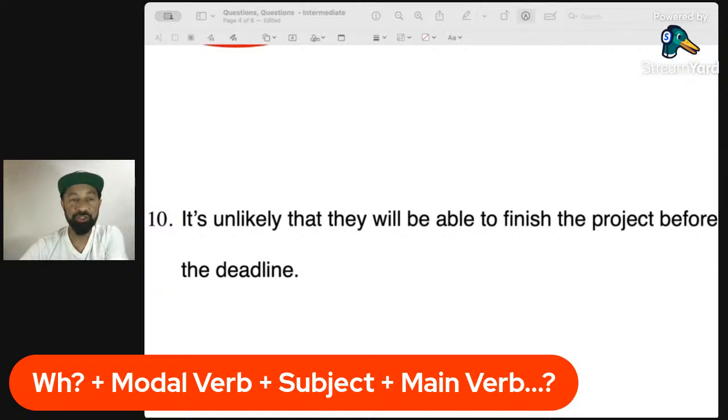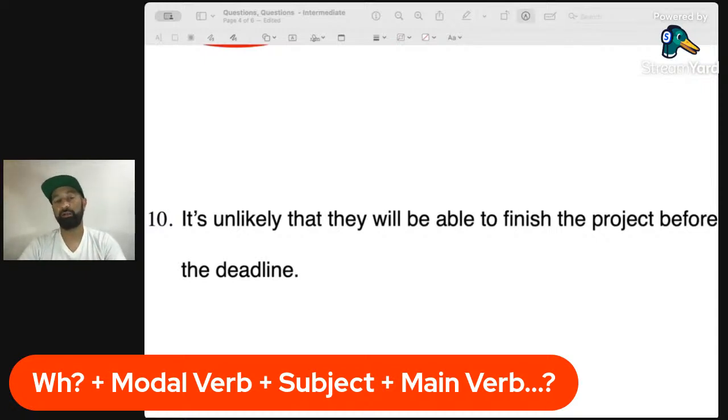Now, traditional yes/no question, we're going to use yes and no in the answer. But that's really kind of like textbook English. Like if you're studying in a class, at school, at a language school, or you have a private tutor, they might tell you that a yes/no question must have yes or no in the answer. But realistically, in conversation, in the real world, it doesn't happen like that.